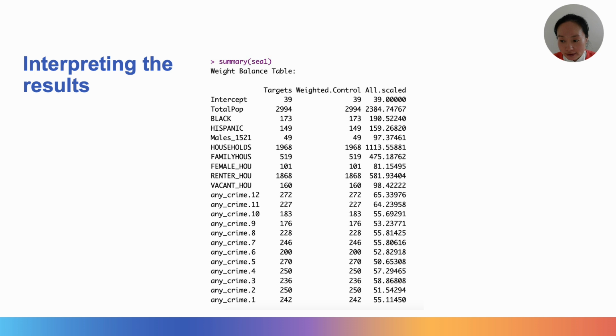And then we have a look at the table. We indeed have what we are expecting. I just want to highlight the first 2 columns. The first column is called targets, which represents the statistics that we observed in the intervention group. Then the second column in the table we call weighted control.